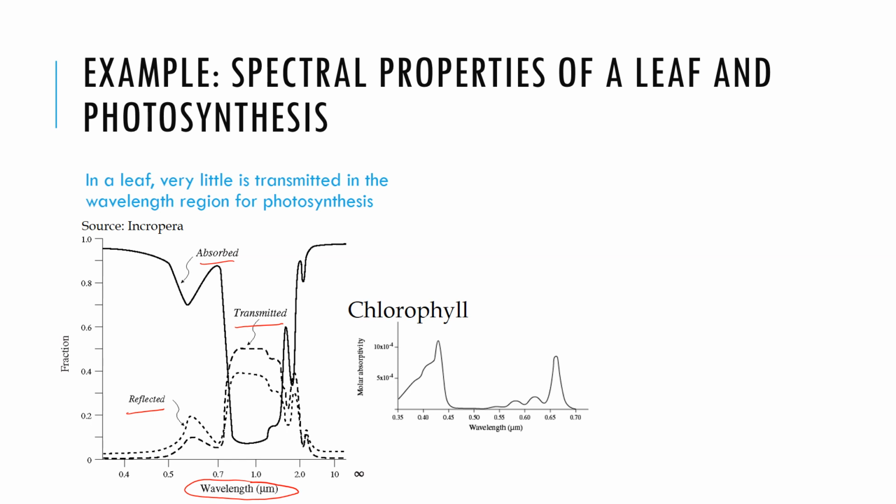Notice that in the range where you have the maximum absorptivity for chlorophyll, somewhere around 0.45 and 0.65, we have very high absorptivity.